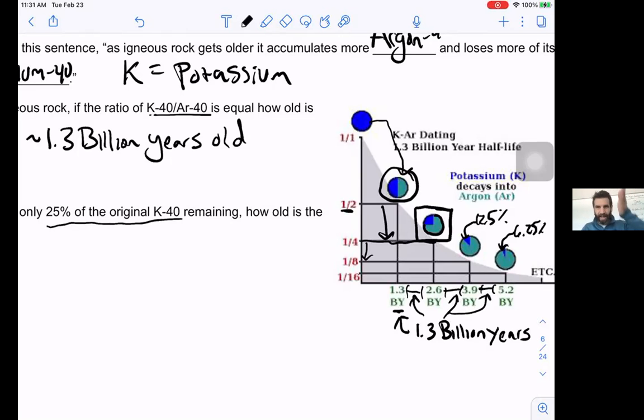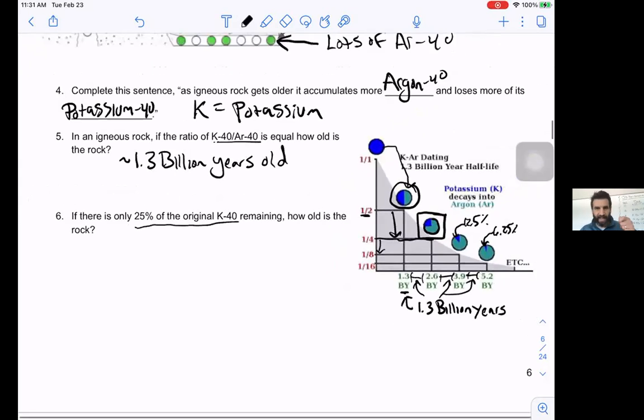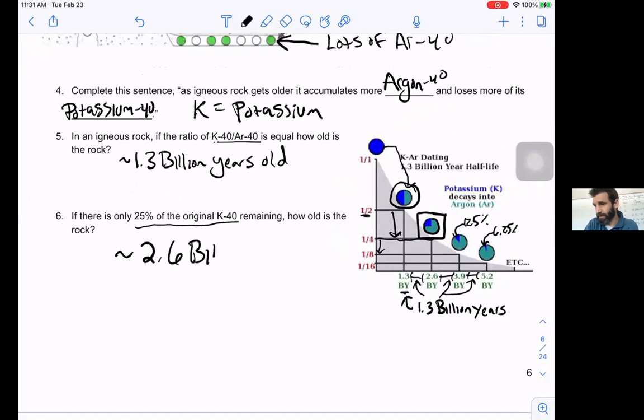And we just cut the potassium 40 in half each time. So if a scientist samples a rock and sees that only 25% of the original potassium 40 is there, and the rest is argon 40, we know that this rock is approximately 2.6 billion years old.